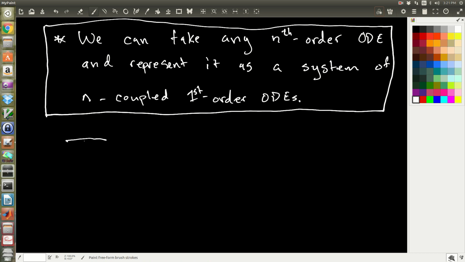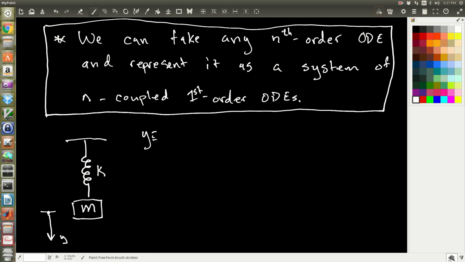So if I have some spring, and I'm going to draw a terrible spring here, with some spring constant K, and this is some mass M, and we'll say there's a coordinate here, y, that represents the displacement of the mass from its equilibrium position.